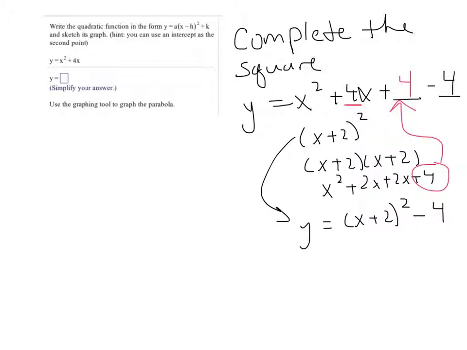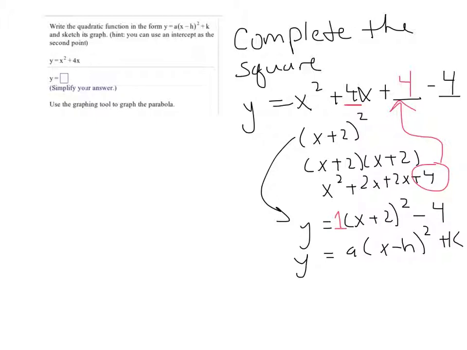Now this almost fits the form here that we're looking at, y equal a times x minus h quantity squared plus k. But in our case, we don't need to put this in when you put your answer into MyMathLab, but there's an implied 1 here.